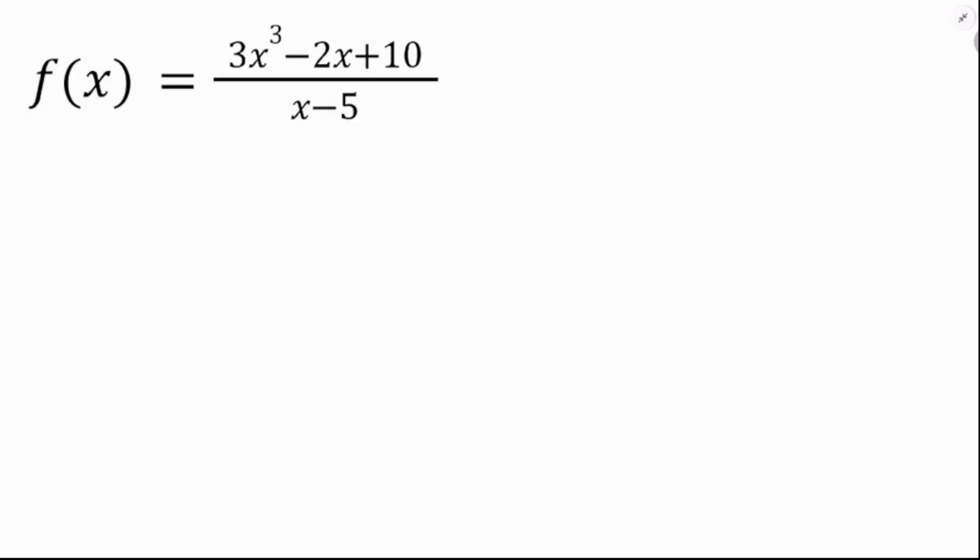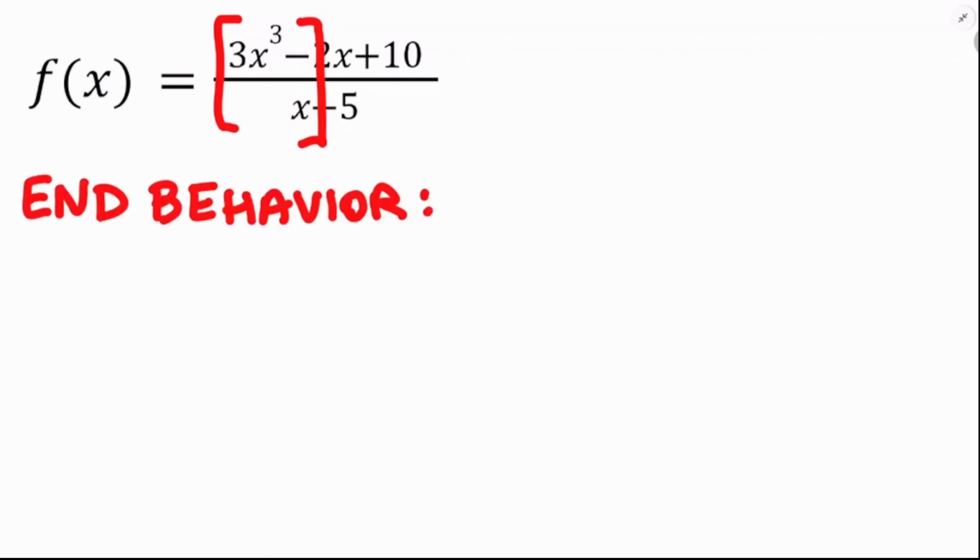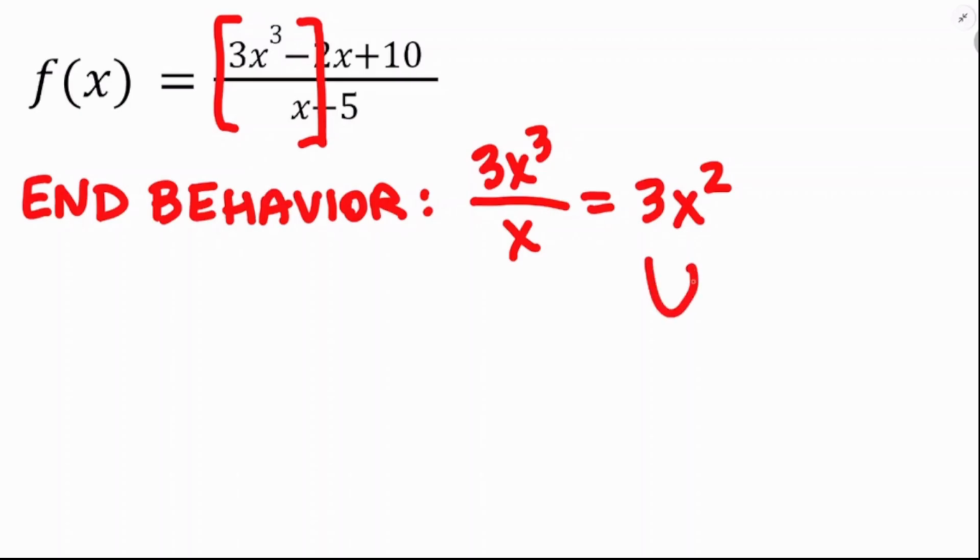So just like we did before, we're going to take the biggest term from top and bottom and we're going to divide them, and that will give us our end behavior. We're considering 3x to the 3 over 1x. So that's equal to 3x squared. Okay, so the end behavior of f of x is going to be the same as the end behavior of 3x squared, and we know what 3x squared looks like. Both sides of the parabola open up.